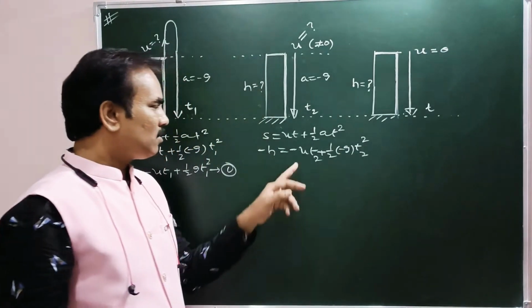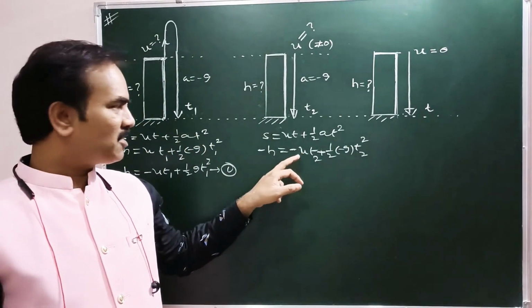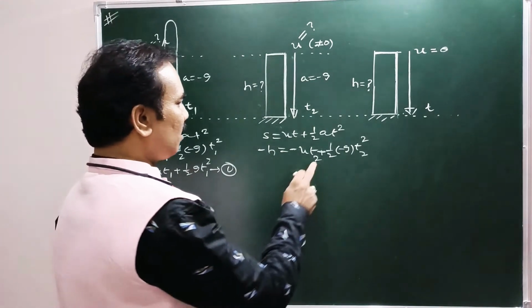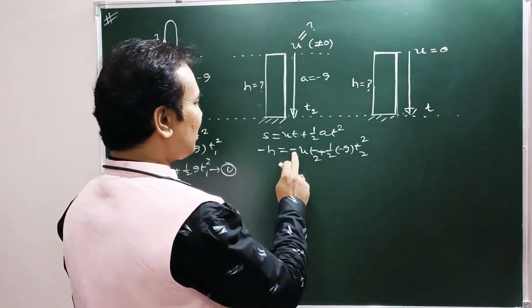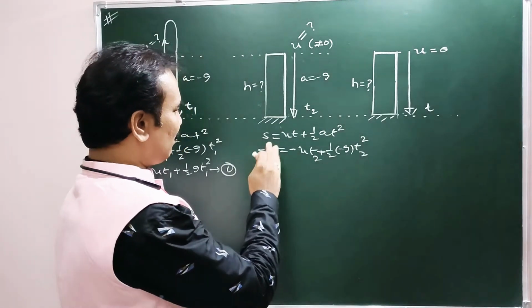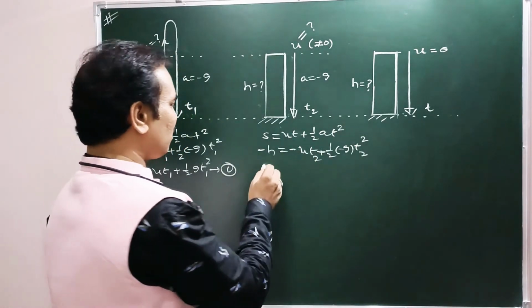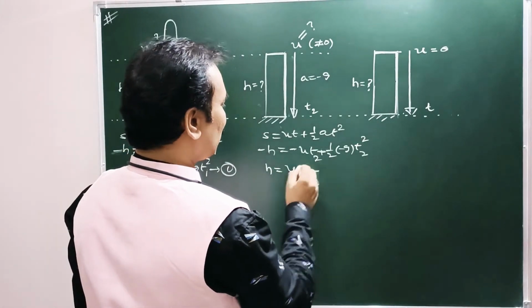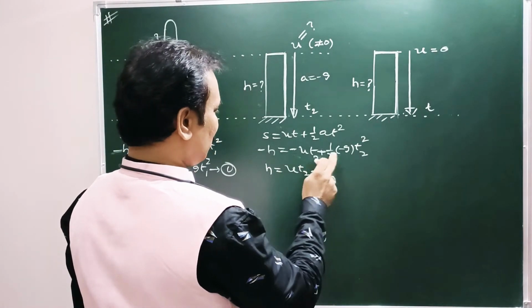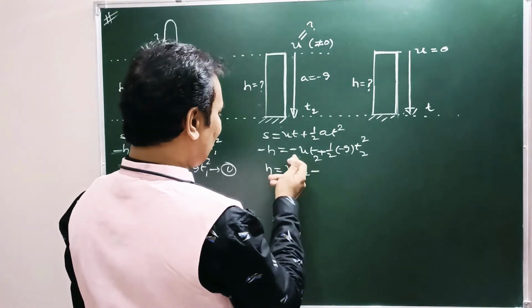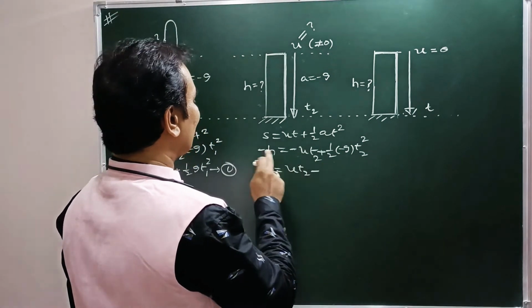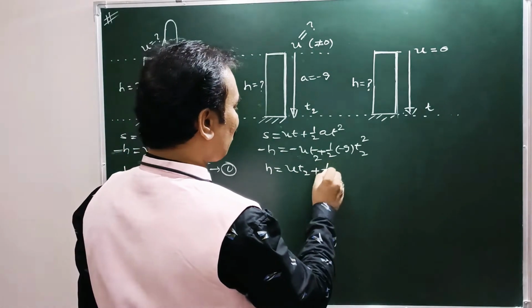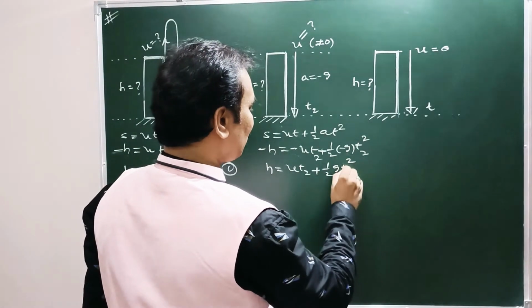Am I right? So here I'm taking the sign convention, u vertically downwards, so negative. Right? So minus is eliminated on both sides, left with h equal to uT2 plus half g T2 square. Number 2.